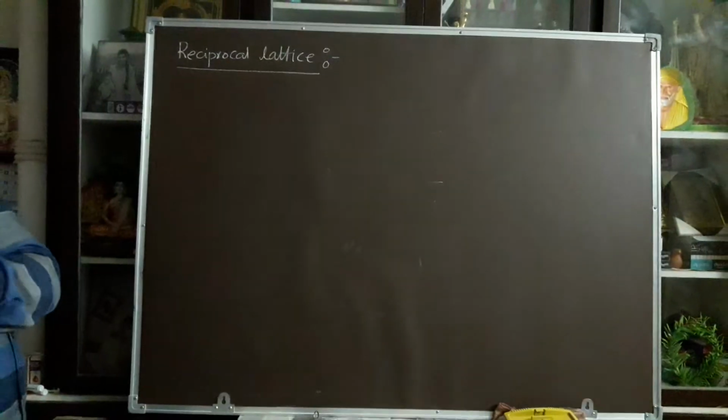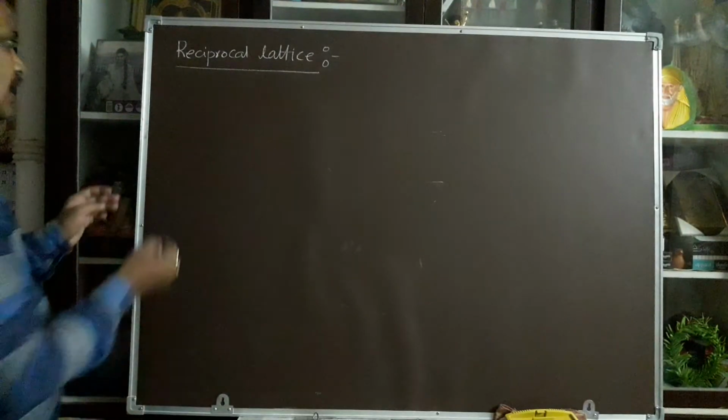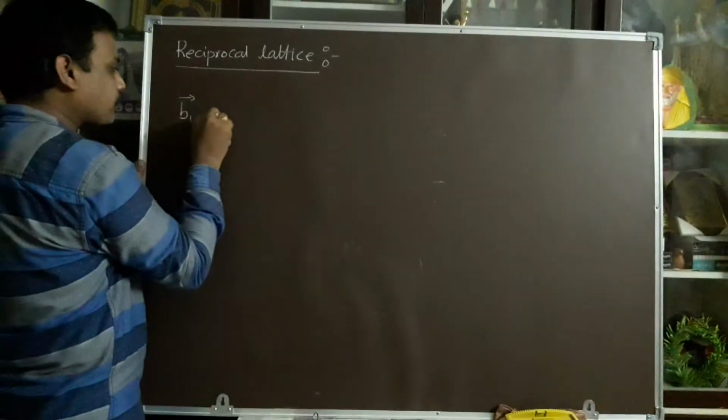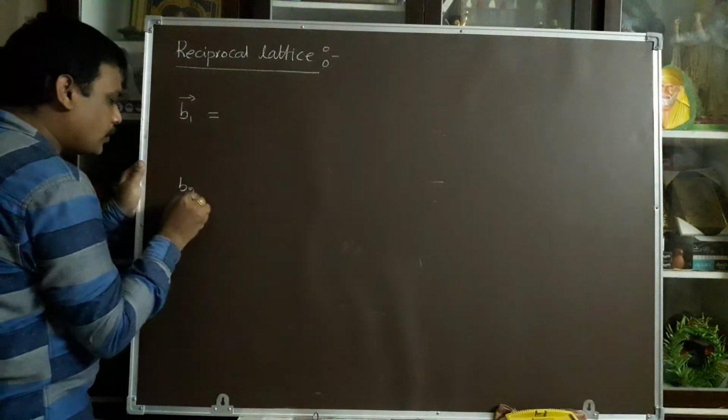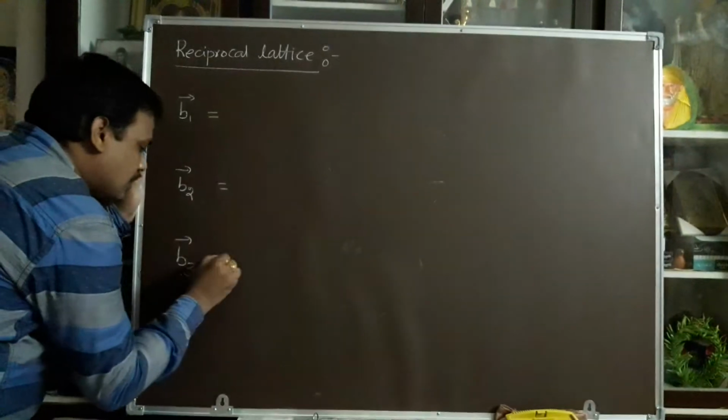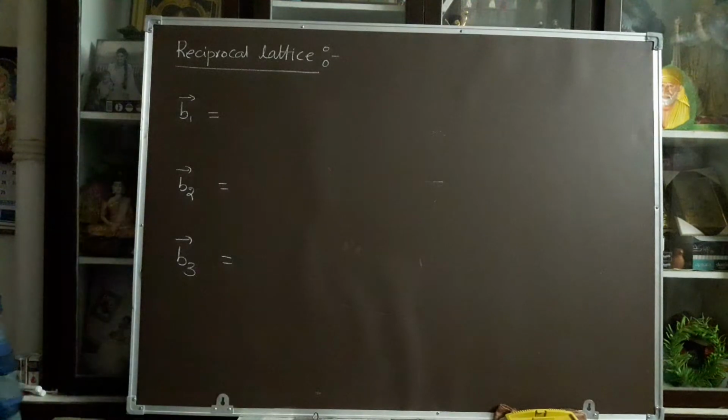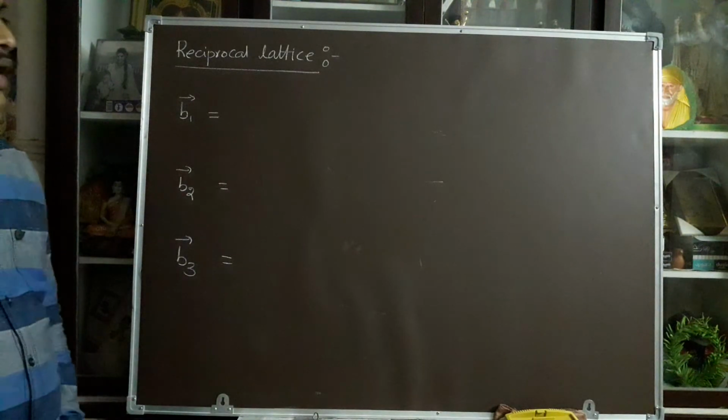In our yesterday's class, the primitive vectors of the reciprocal lattice were represented by B1 bar, B2 bar and B3 bar. These are the primitive vectors of the given reciprocal lattice.